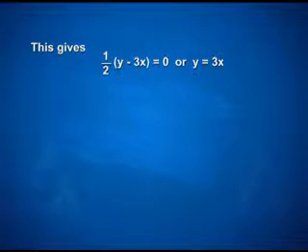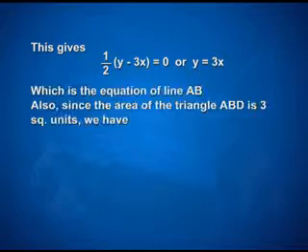This gives half of y minus 3x is equal to 0 or y is equal to 3x, which is the equation of line AB.